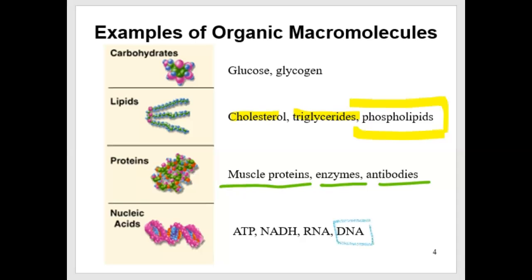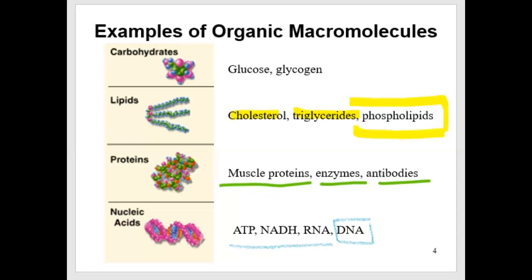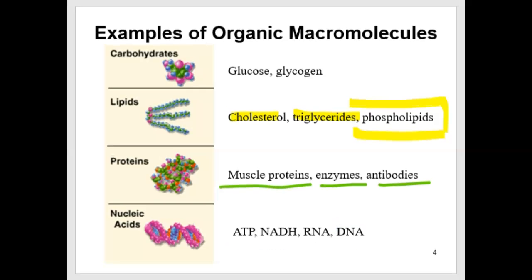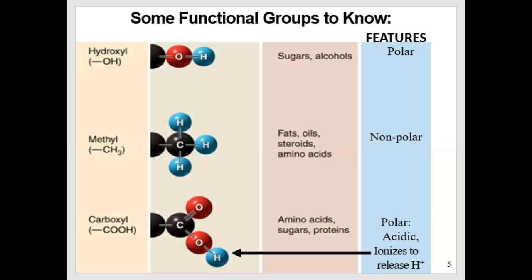So DNA is our hereditary molecule. It gets passed on from generation to generation, and it is one example of a nucleic acid. There are 3 others that we'll encounter later in the semester called ATP, NADH, and RNA. So you'll become more familiar with those as time progresses, over weeks, not just within this lecture.